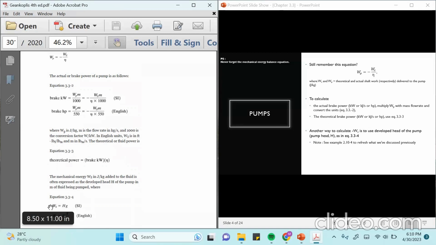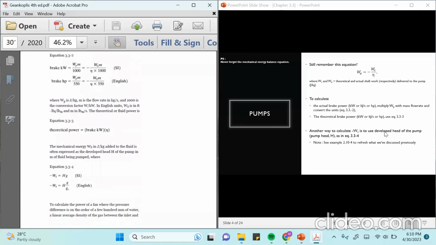So why do they use the developed head of the pump? This H refers to, if we use this pump to flow the fluids, how many meters the fluid can go up. Maybe I will try, wait a minute, I cannot make annotation.